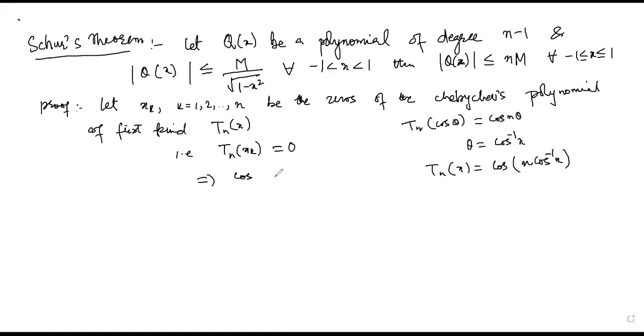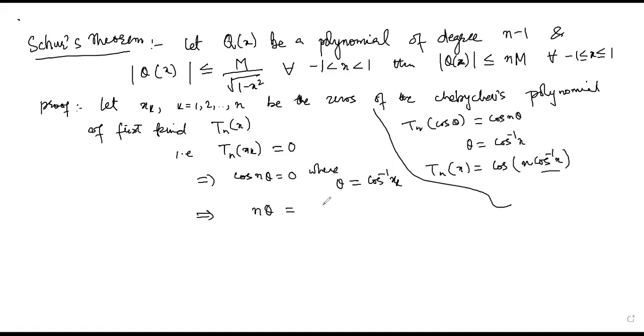Same thing here, so it means that cos(n theta) would be 0, where theta would be cos inverse of x_k. I took this as theta, and theta must be this thing, then this must be true. We have done this before in class.